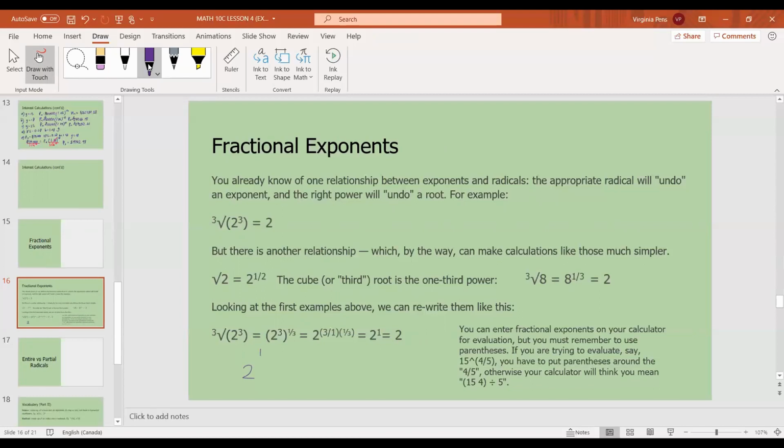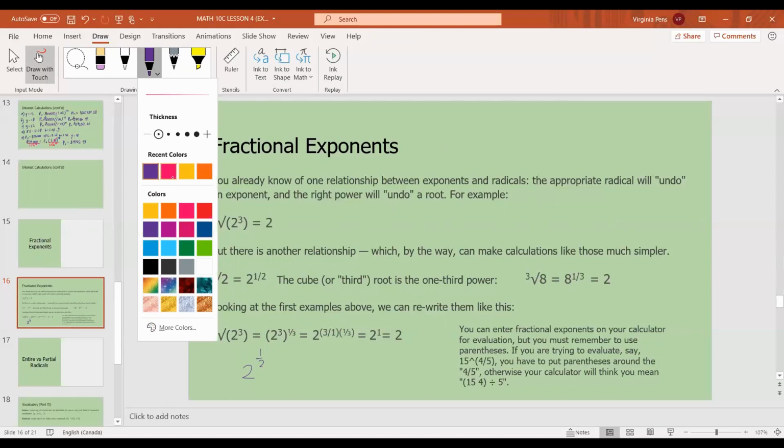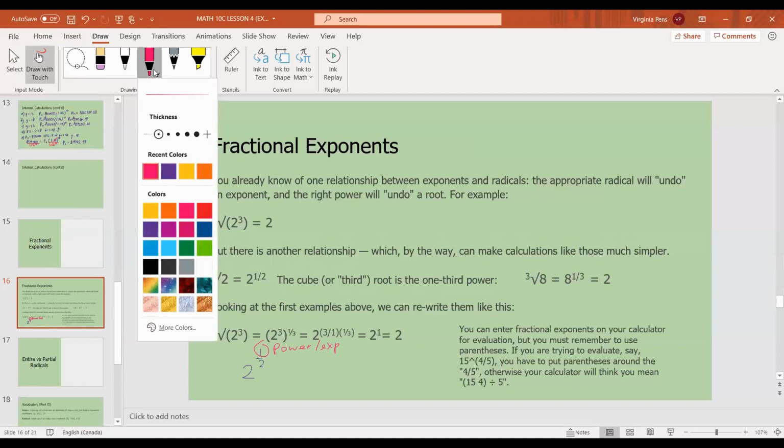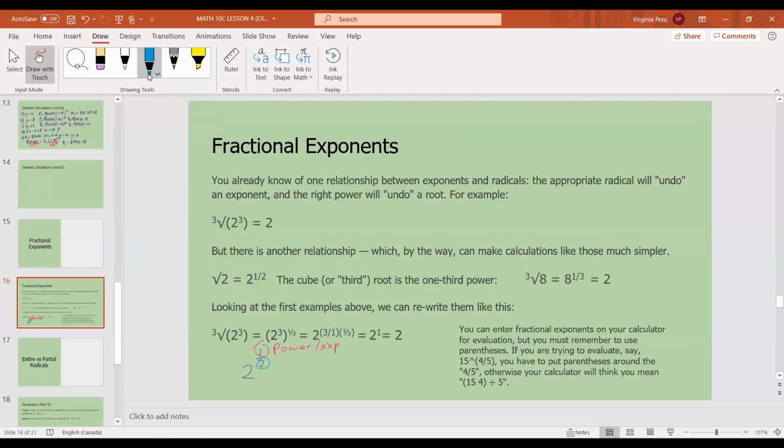When you have a number like this, the top becomes the exponent, also known as the power, and the bottom, actually let me use a different color, let's try blue, the bottom becomes the root. Oh, I should say the index of the root.